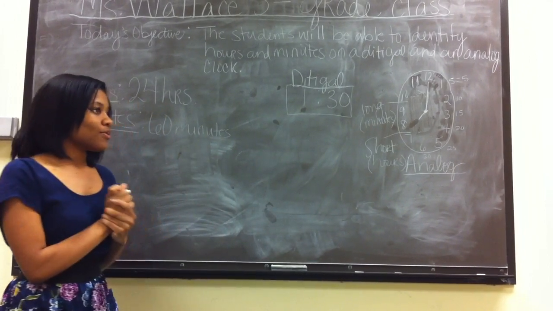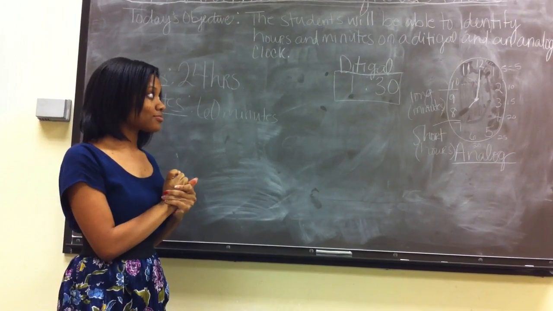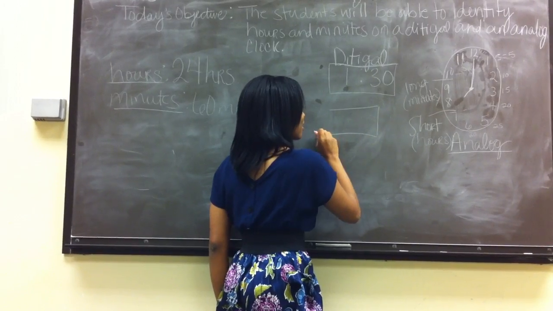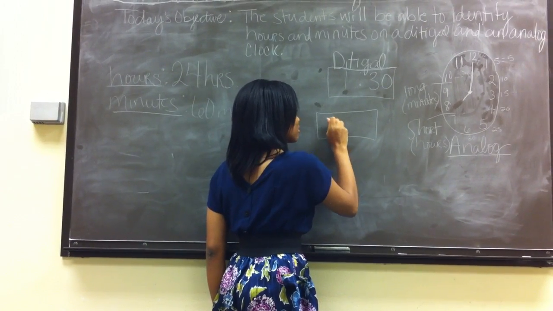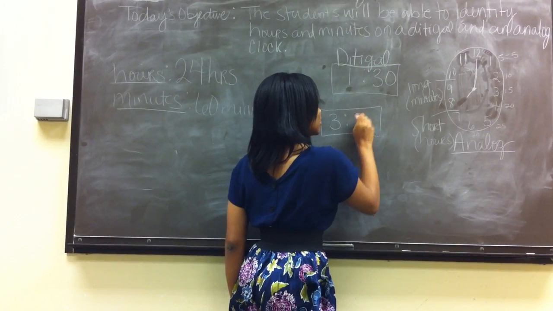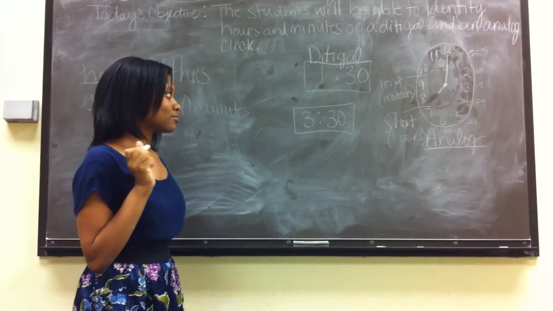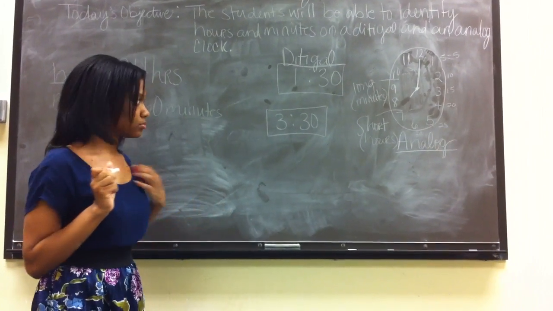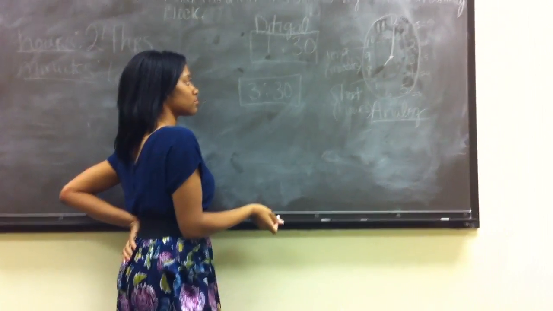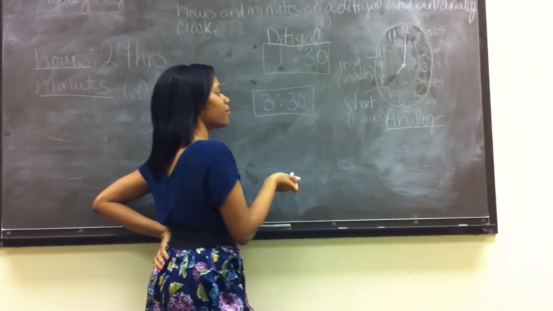So does anybody know what time we get out of school? 3:20. So if you see a clock that says 3:30, should we still be in school? No, we're out of school. Why are we out of school? Because we get out at 3:20. The hour has to be 3 and the minutes has to be 20. Okay.